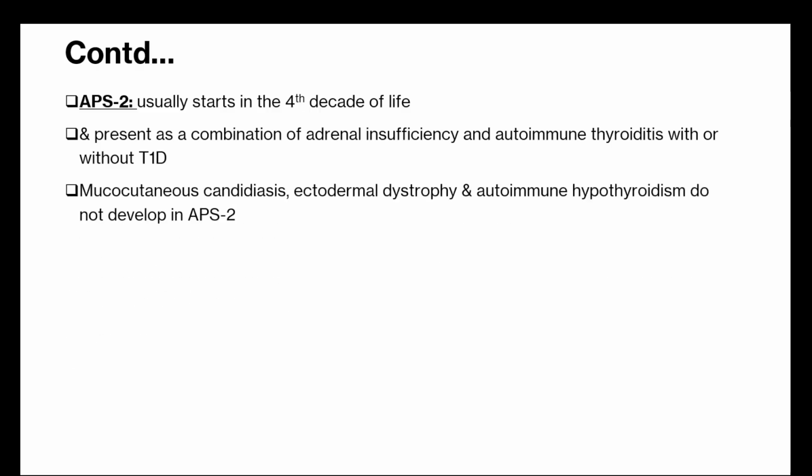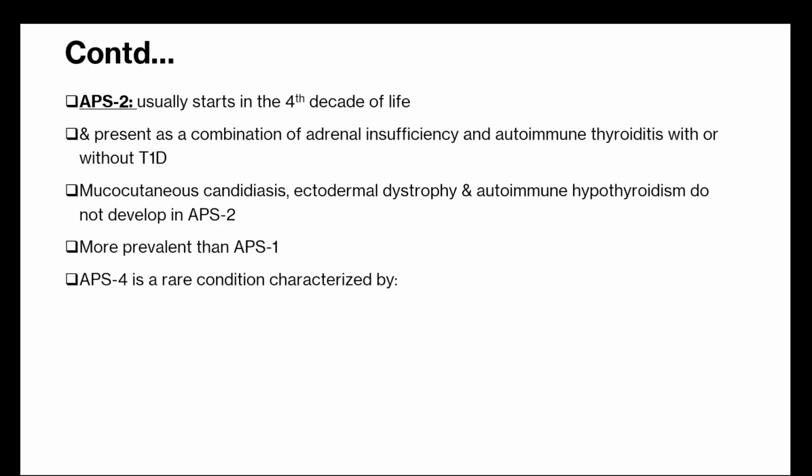The features of APS1, like mucocutaneous candidiasis, ectodermal dystrophy, and autoimmune hypoparathyroidism, do not develop in APS2, but autoimmune thyroiditis is seen in APS2.